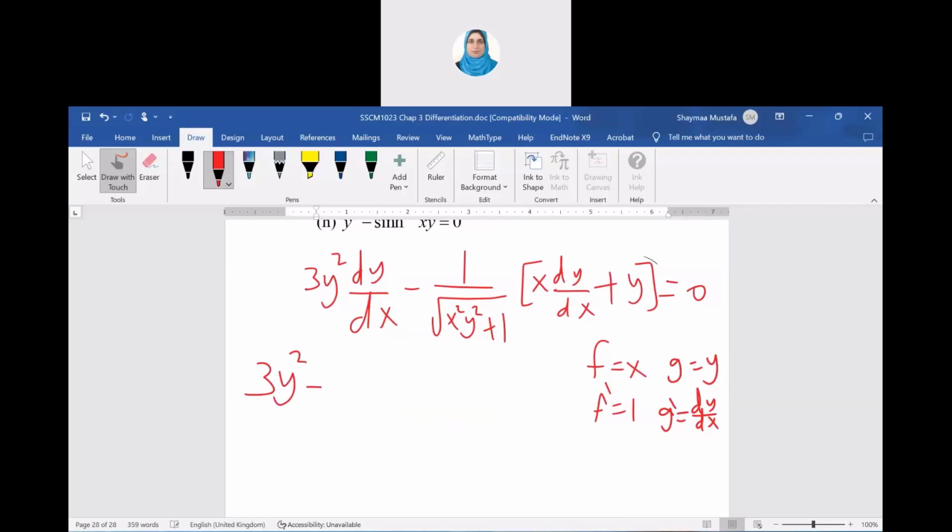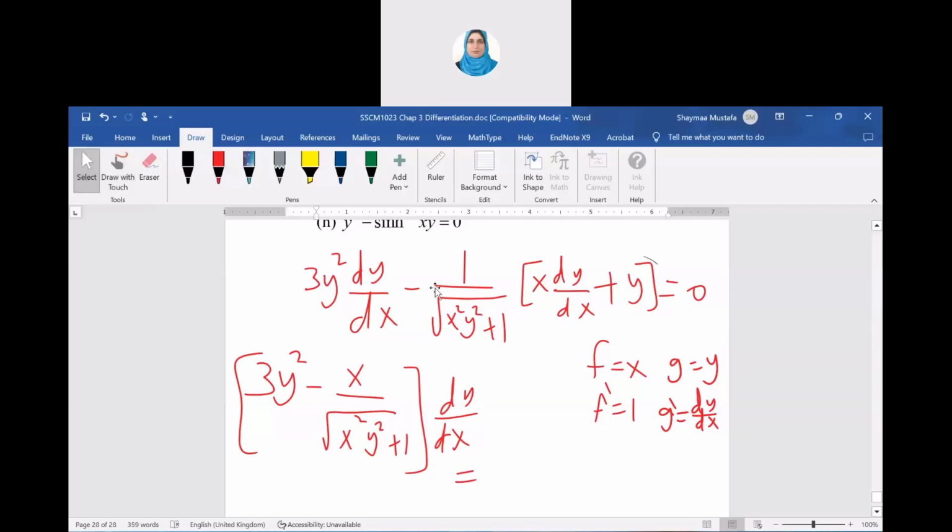So 3y squared minus x over the square root of x squared y squared plus 1, times dy dx, will be equal to, moving this term to the other side, minus y over the square root of x squared y squared plus 1. So the minus becomes positive, and you have y over the square root of x squared y squared plus 1.